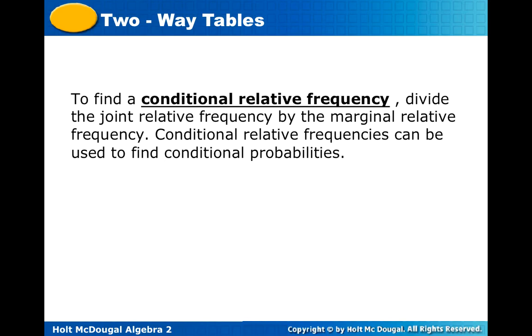Now we can squeeze on over to find our conditional relative frequency. So our conditional relative frequency, there's another blank. We're going to divide the joint, so the numbers inside the box, by the marginal relative. So we're going to divide the numbers inside the box by the numbers outside the box.